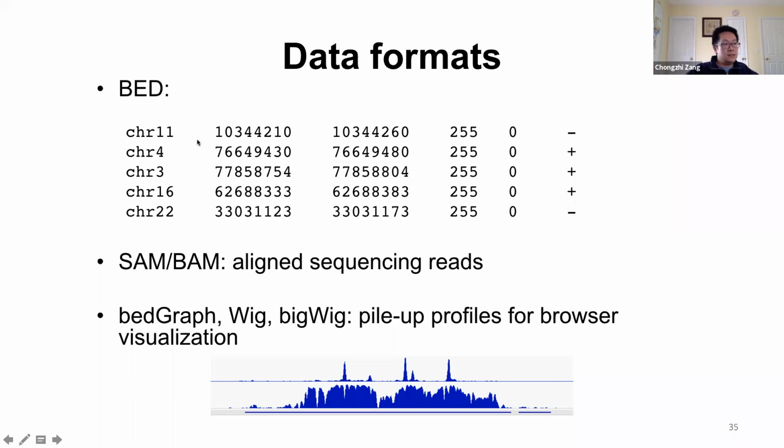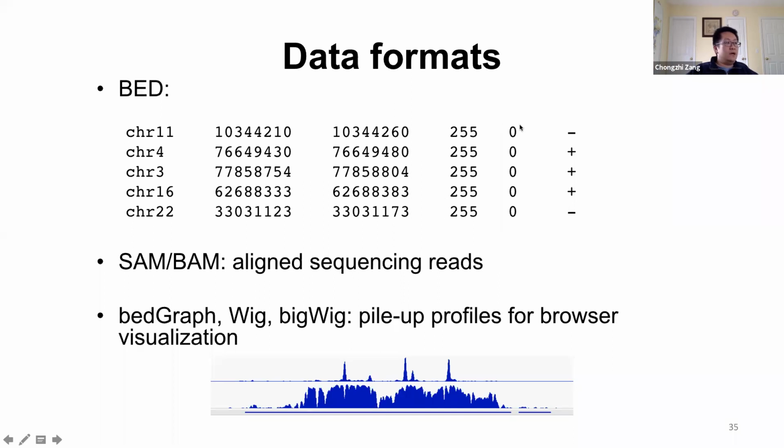This information can represent the mapped location of a sequence read, any region in the genome, or, as we'll see later on, a peak we identified from the genome. The fourth column is a name or identifier, which doesn't really mean anything.